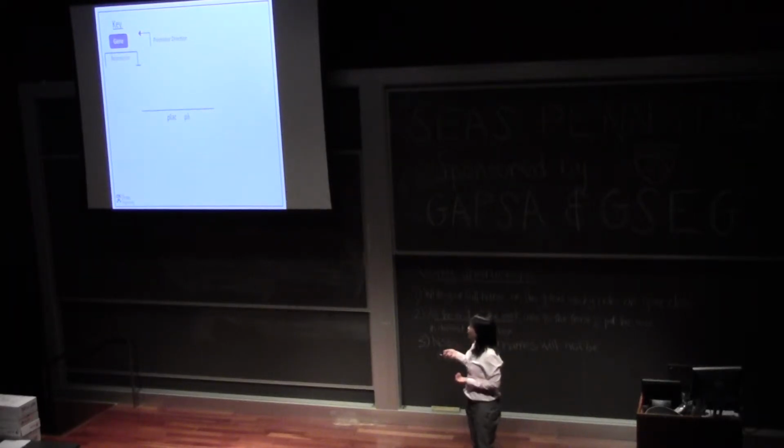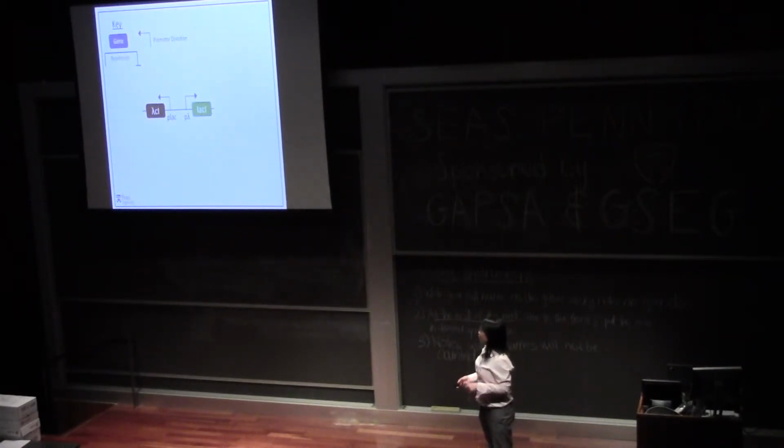So we have 2 promoters, P-lac and P-lambda, and they control one gene each. P-lac controls lambda-CI, and P-lambda controls lac-I. The protein that's produced by lambda-CI represses the behavior of lac-I, and vice versa.